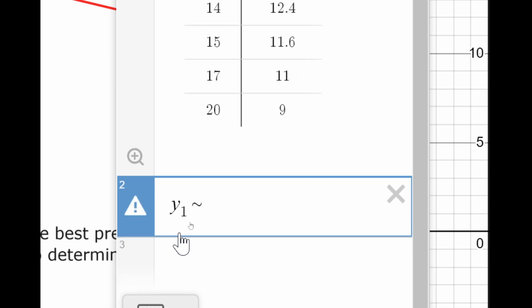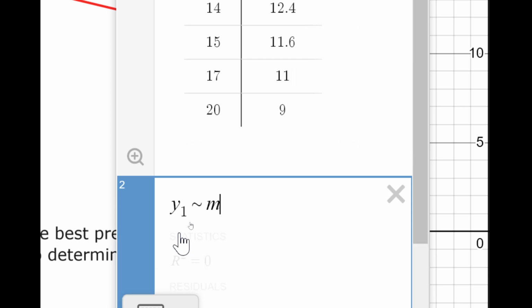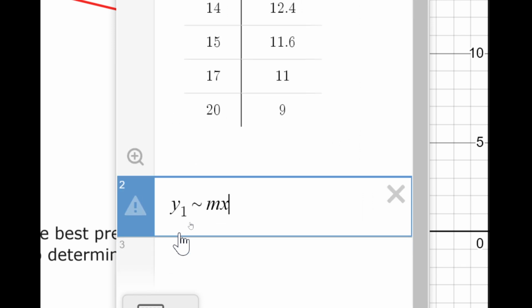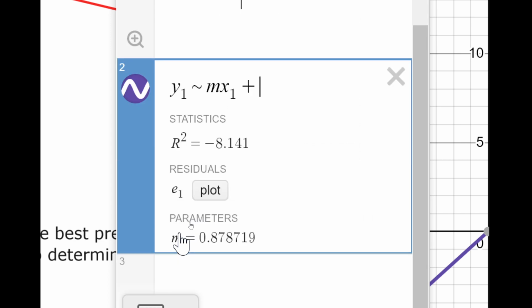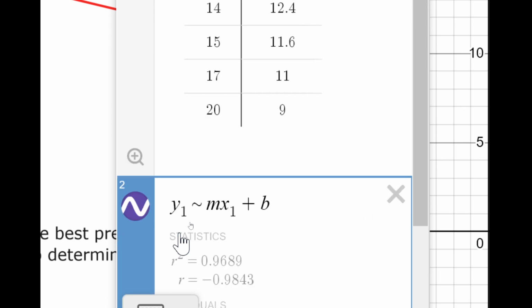Tilde. And now we hit M. And then we type X. And then we hit Shift dash 1. So M X sub 1 plus B.